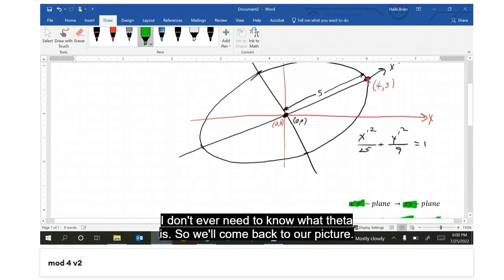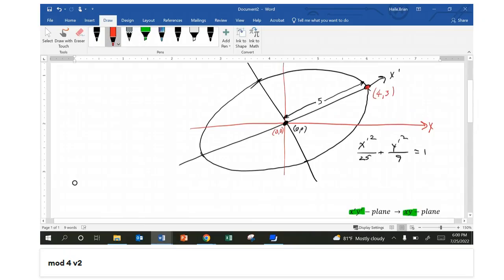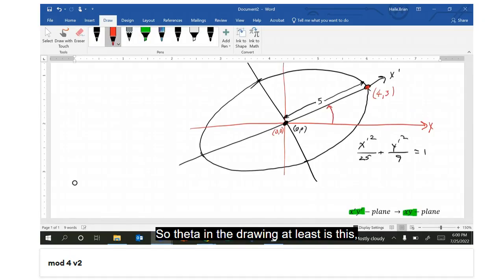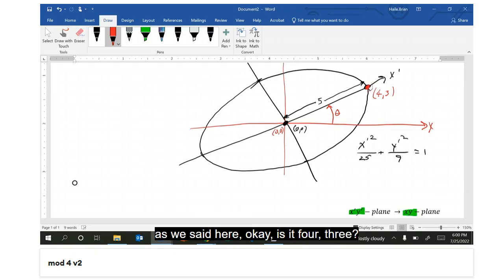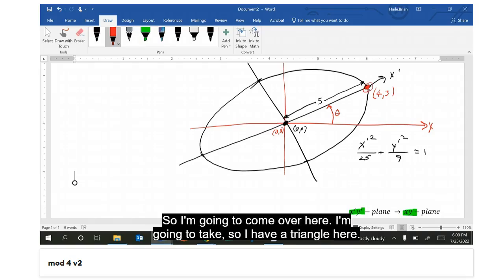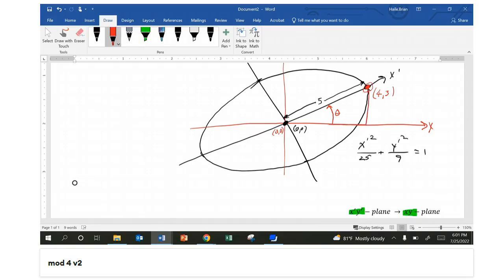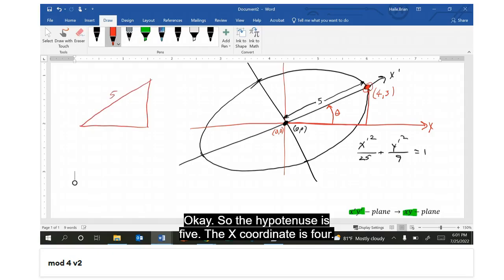I don't ever need to know what theta is. So we'll come back to our picture. Theta in the drawing at least is this, whatever this is. But what I do know is that this point here, as we said, is at 4, 3. So I'm going to take the triangle here and pull it out over here. The hypotenuse is 5.